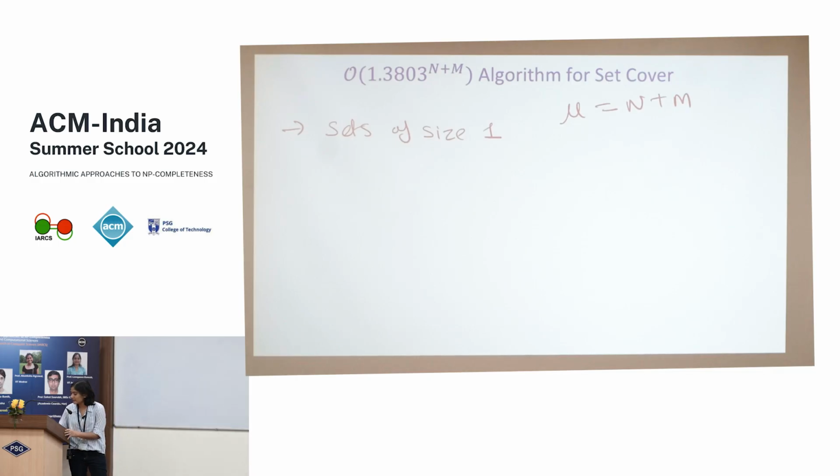So suppose I have a set F which looks like this, but U is not in any other set. In this case, I know I have to take this set in the solution, otherwise I cannot cover this element U, right? So I will just take F in the solution.